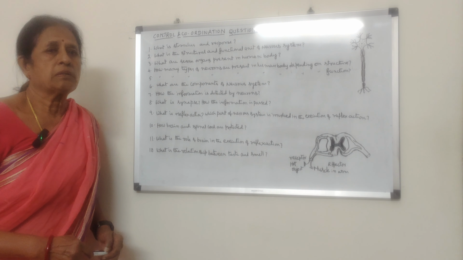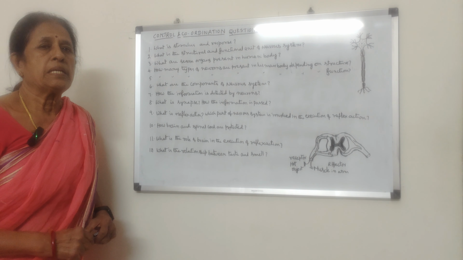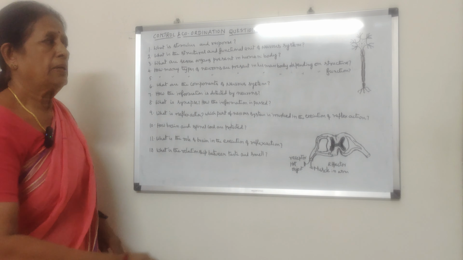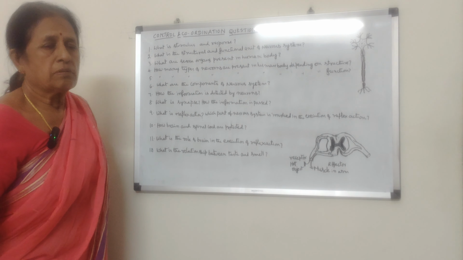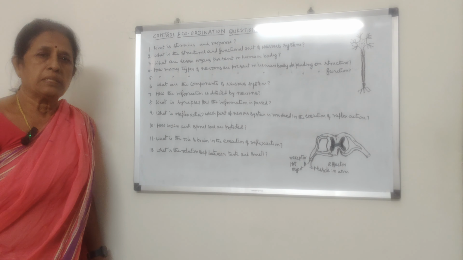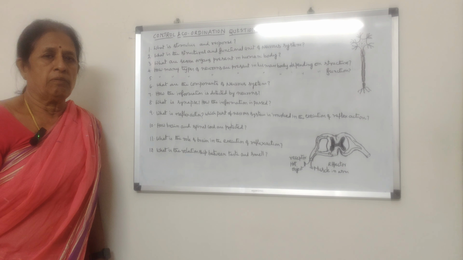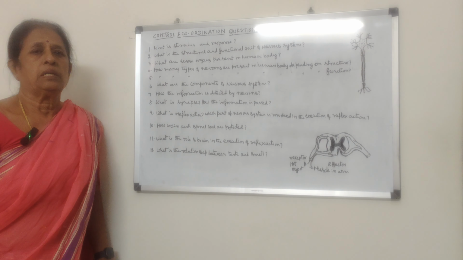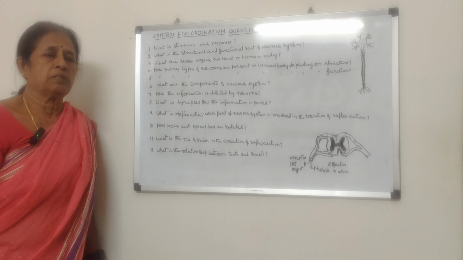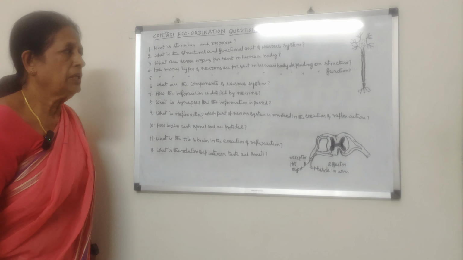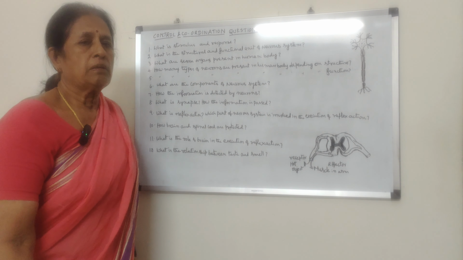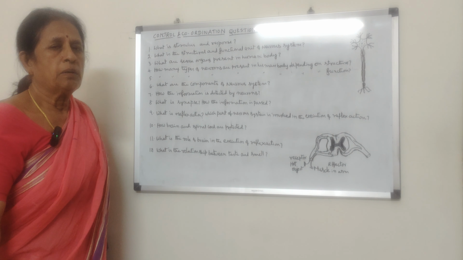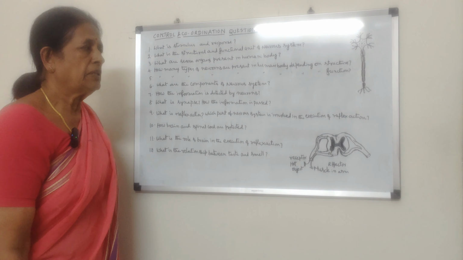Some neurons contain both sensory nerve fiber and motor nerve fiber. This axon is otherwise known as nerve fiber. Such neurons are called mixed neurons or mixed nerves. So depending upon the function, there are sensory neurons, motor neurons and mixed neurons.